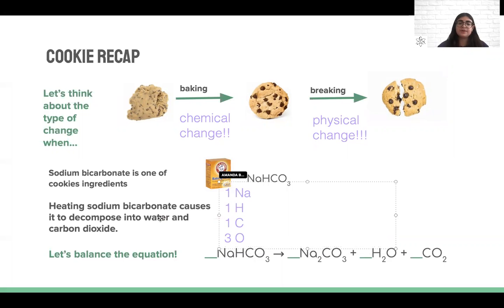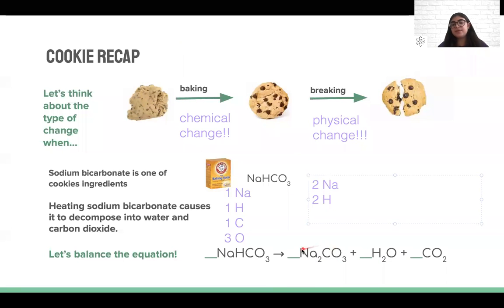So you can, there we go. And now we're going to do the same thing for this side. Here we have sodium with a 1 as a coefficient and a 2 as a subscript, so we have 2 sodium atoms, and we can see that it's not found anywhere else. Okay, then we have hydrogen. No hydrogen here or here, it's over here in water. And no coefficient, a 2 as a subscript, so we have 2 times 1, 2 hydrogens.